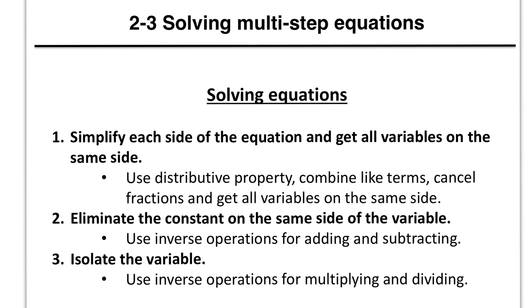Now let's go back one step, to step number two. I forgot to mention, to eliminate the constant, you want to use the inverse operations for adding and subtracting. So to cancel or eliminate the constant, you add the opposite, or the additive inverse. That's the mathematical term, but it's just adding the opposite of the constant.